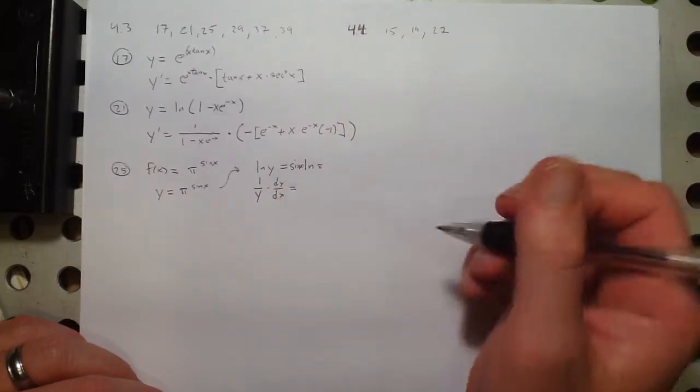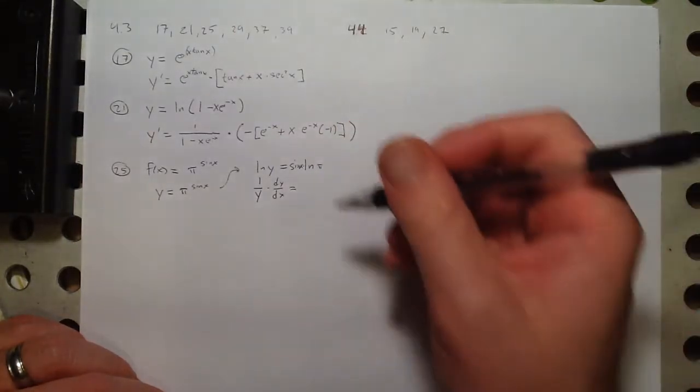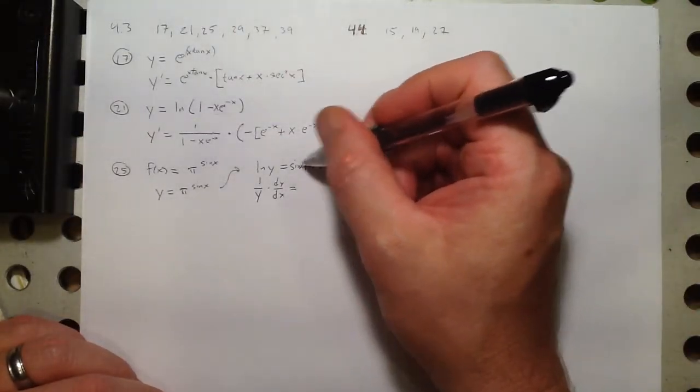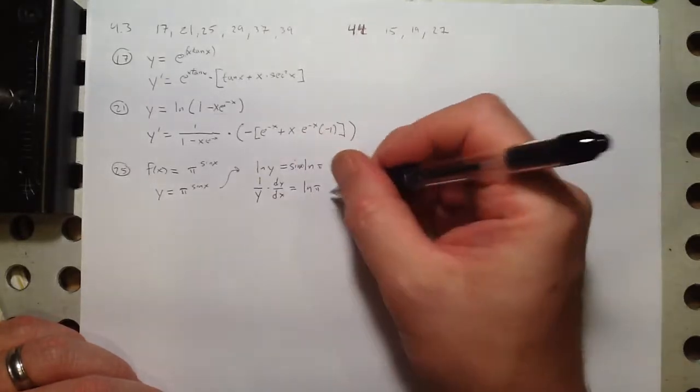And now I have a product here. But actually this isn't really a product because natural log of pi is just a number. So the derivative of a number times sine x is just that number times the derivative of sine x.